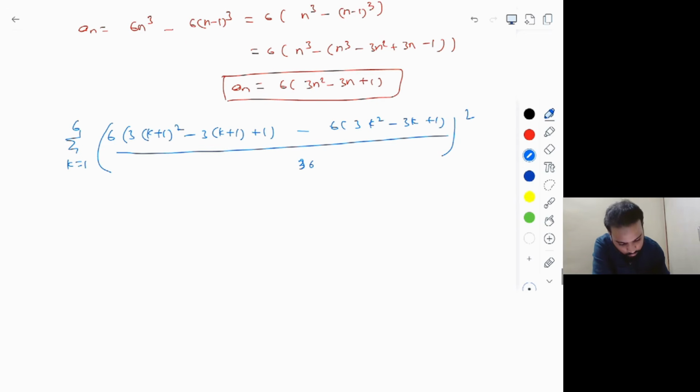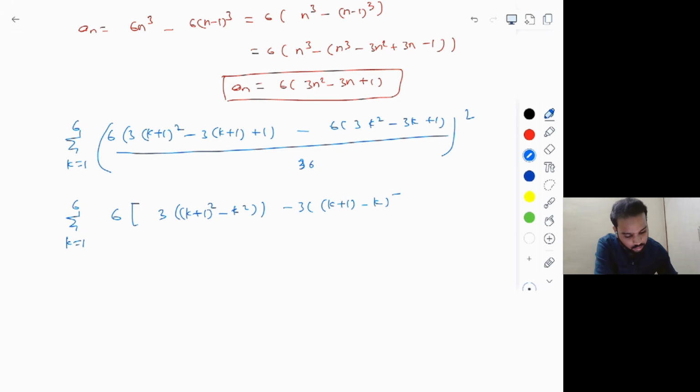So which is sigma k equals 1 to 6. So I can take 6 common here, right? If I take 6 common, it is going to be 3 times of (k plus 1) whole square minus k square. If I take 3 common, and if I take minus 3 common, it is going to be (k plus 1 minus k), and then plus 6 minus 6 will anyhow be cancelled out.